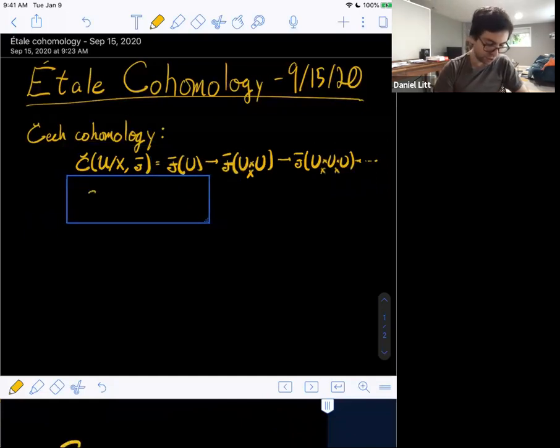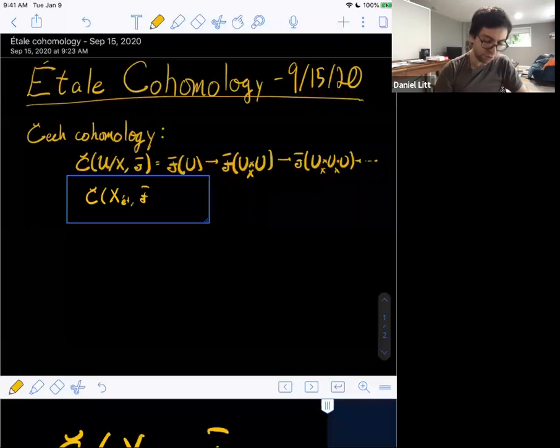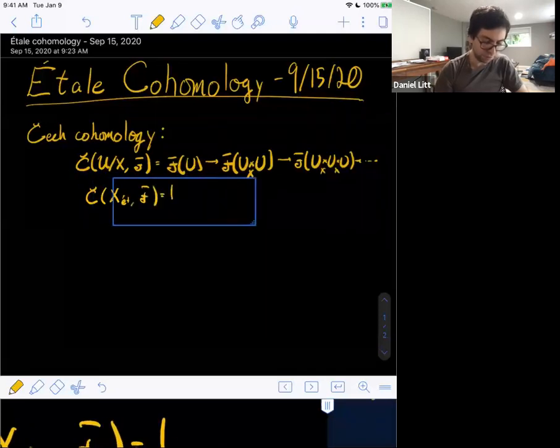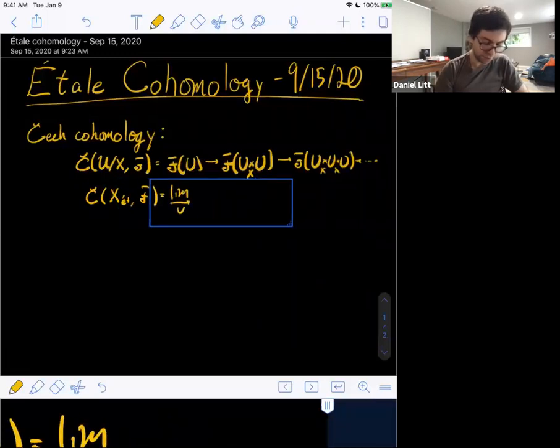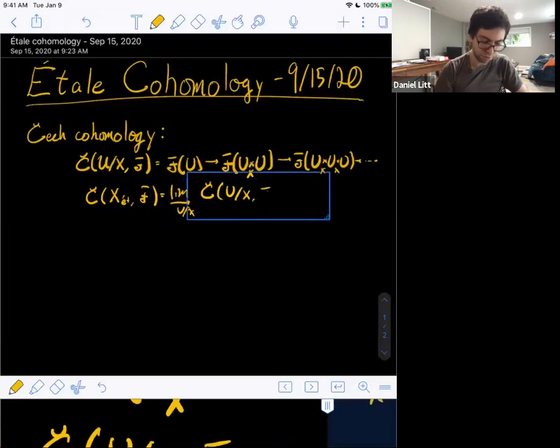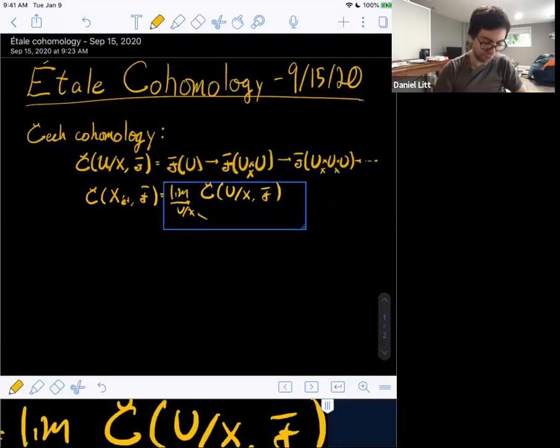And then we defined the Čech complex of the étale site of F to be the direct limit over all covers U of the Čech complex associated to that cover. Let me remind you here this U was a cover of X. Or if you'd like, you can take a covering family and the definition can be slightly modified in that setting.